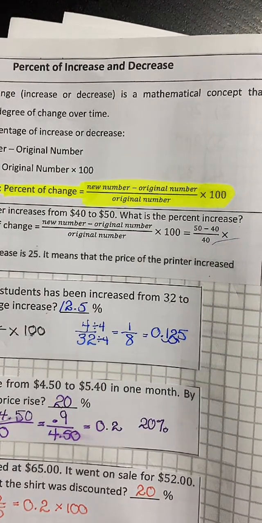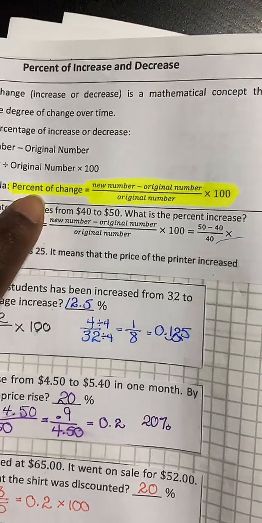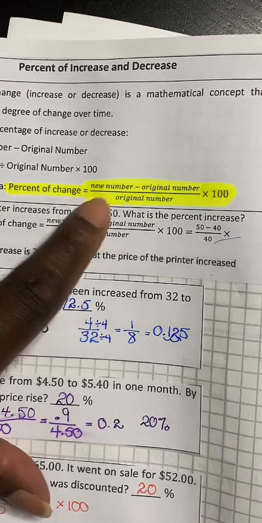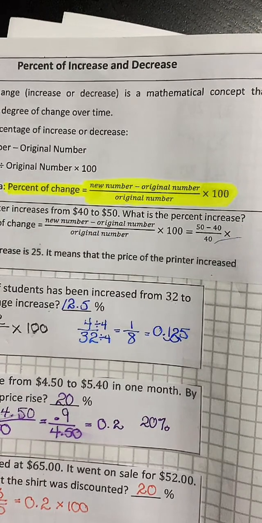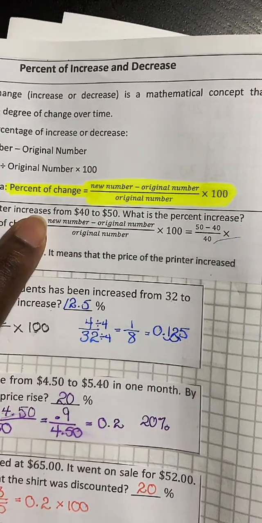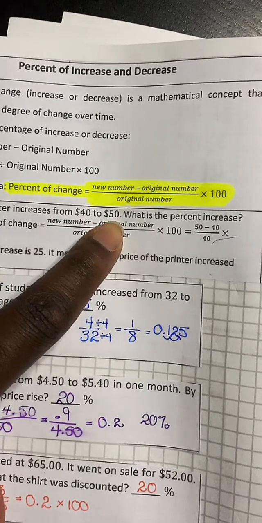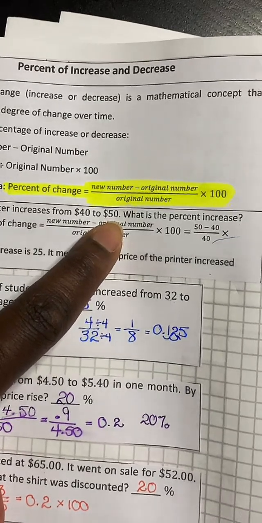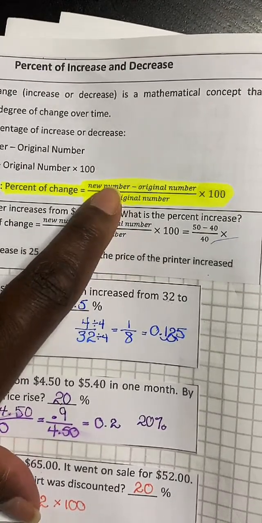All right. You missed it? It's okay. So, to find the percent of change, we always get the new number. So let's say the price of a printer increased from $40 to $50. I think I said painter last time. Yeah, you can tell I need some sleep. All right, so the new number is 50.